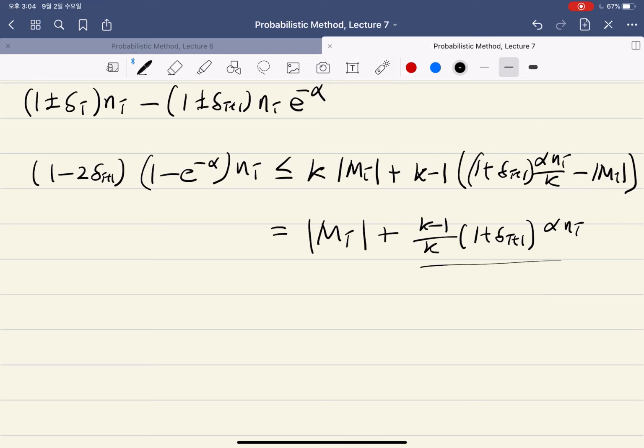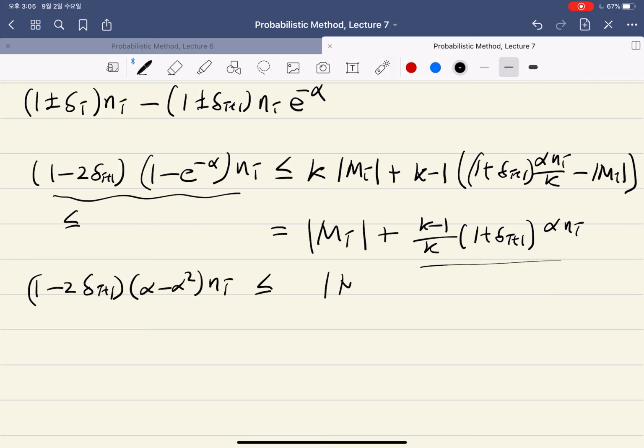Let's write it this way. So this part has a lower bound 1 minus alpha square ni. So this part is 1 minus 2 delta I plus 1 alpha minus alpha square ni.